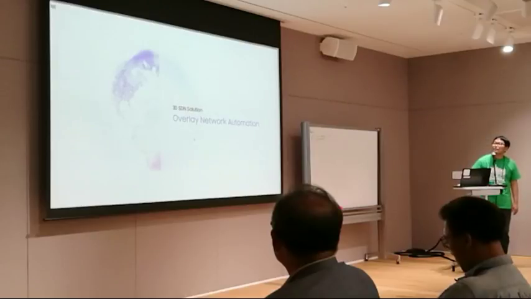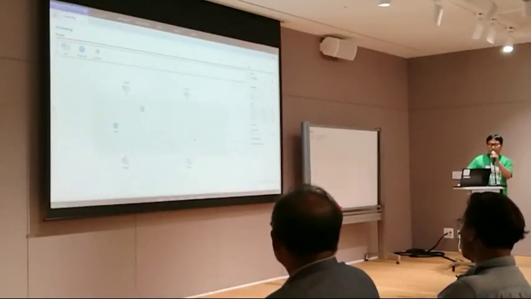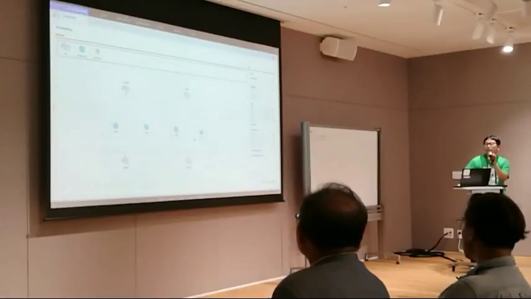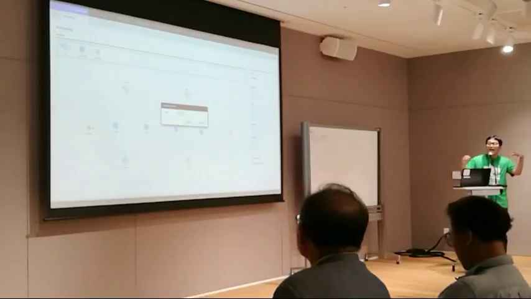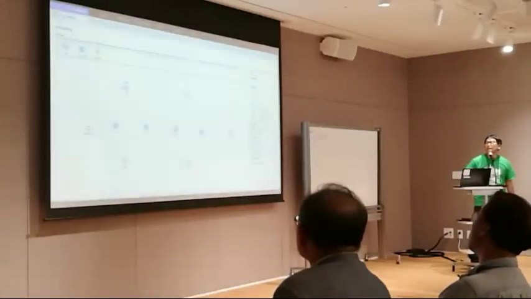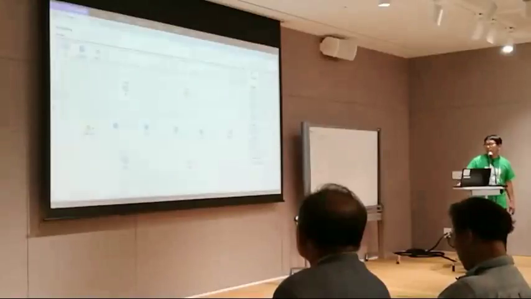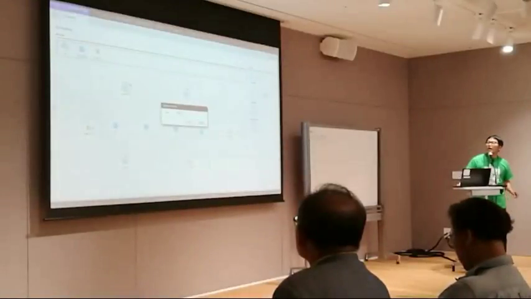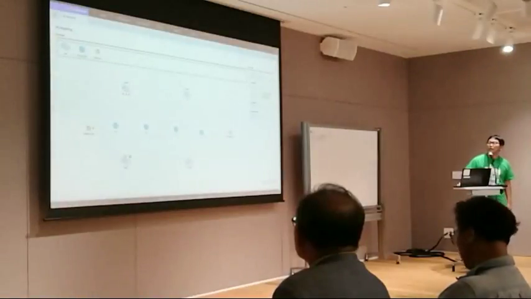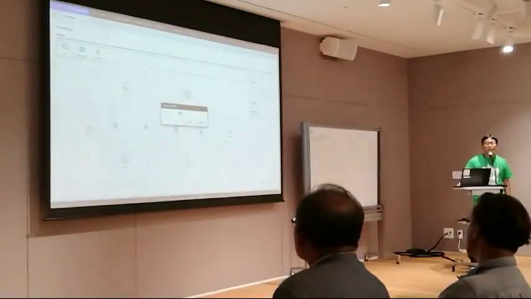Next we will show overall network automation integrated with our NFV orchestrator. This is our NFV orchestrator. We have designed the so-called VNF forwarding graph at the ETSI center, and we are now designing a network service with a 4G gateway and a virtualized service assurance appliance.